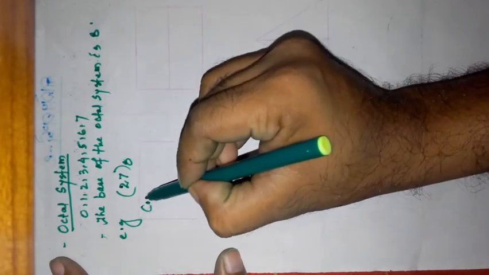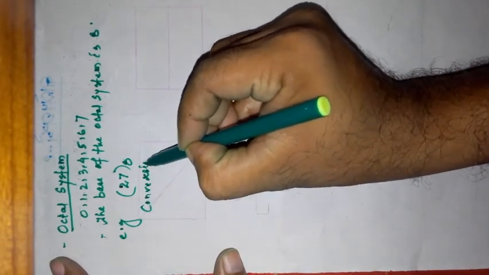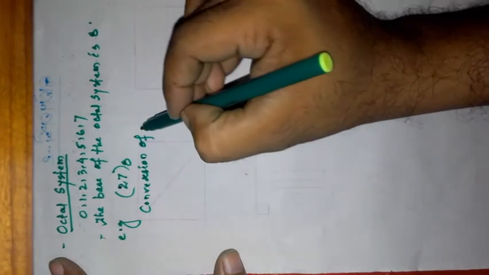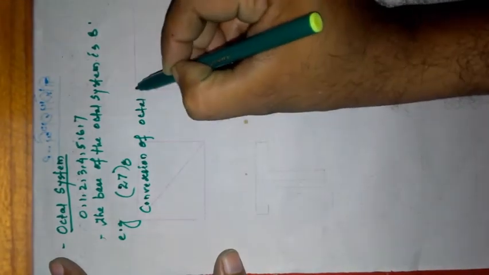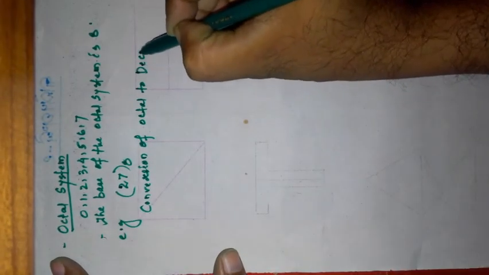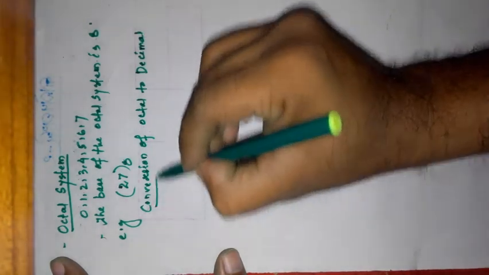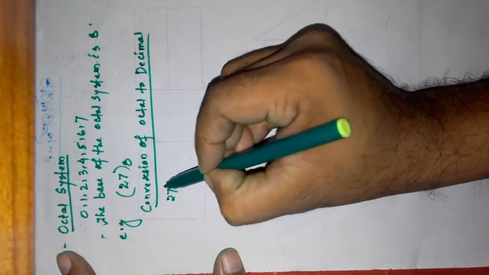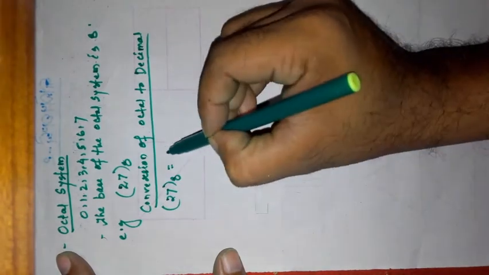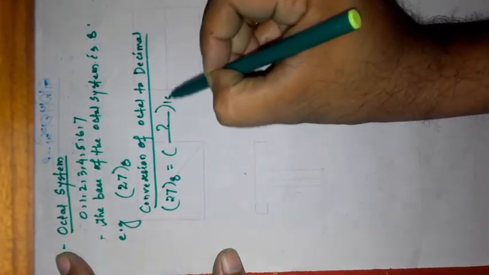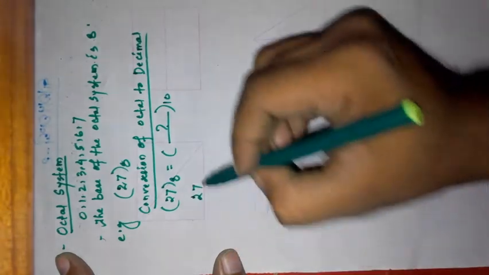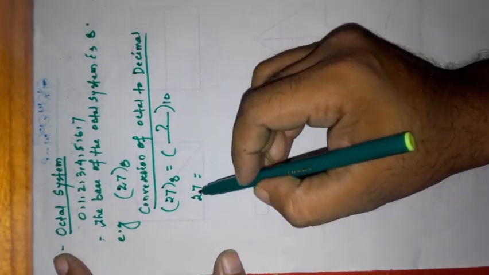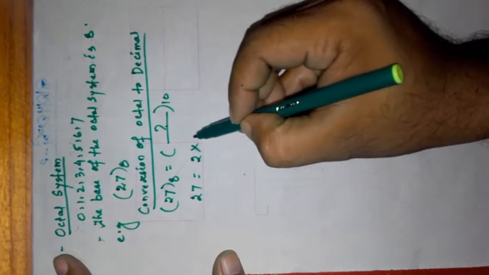Now how to convert? Conversion of octal to decimal. Let us take this example. Let us write 27. First you write 2 into 8.